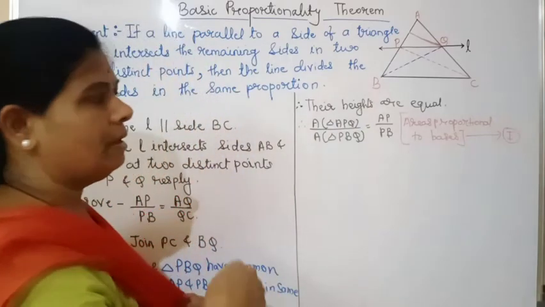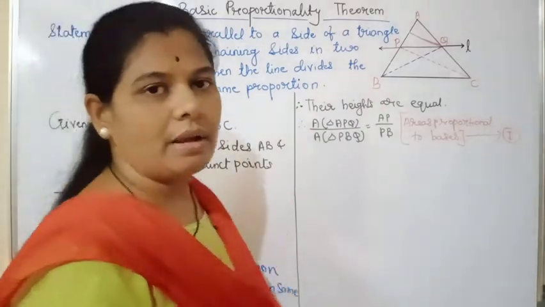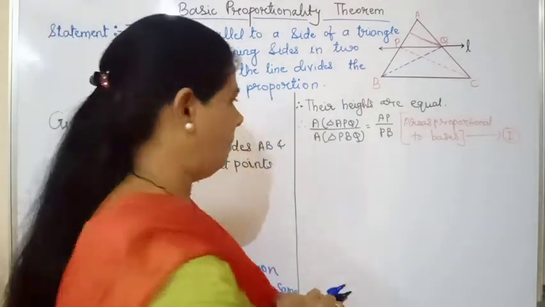Now we'll take the next two triangles, that is triangle APQ and triangle PQC.